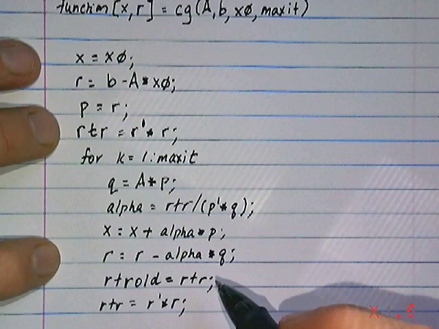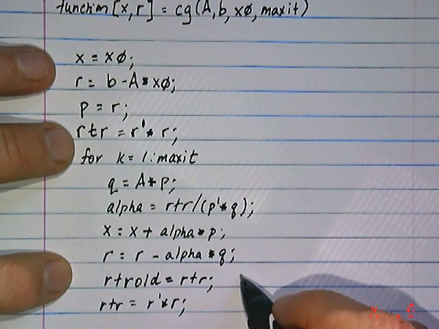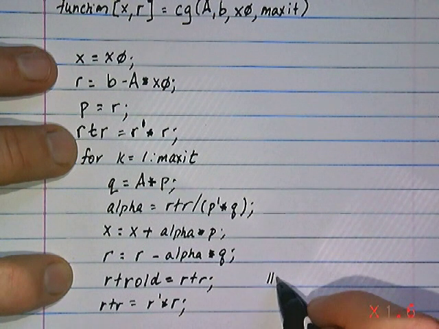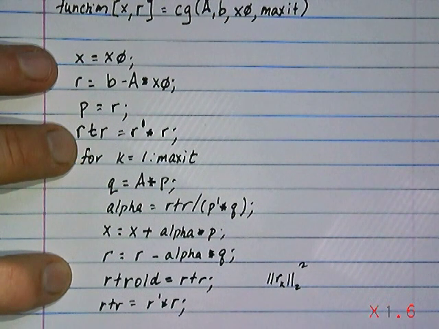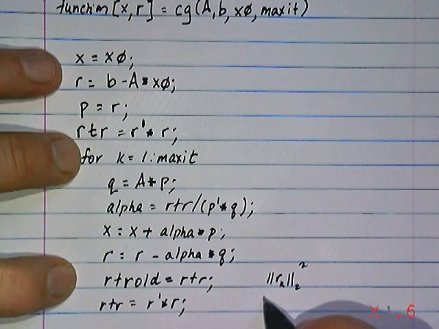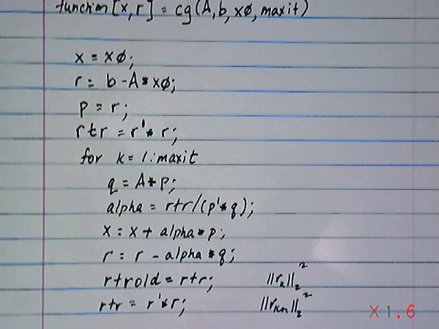So this will essentially get us, if you go back to the notes there on the previous page, that denominator term related to R_k squared, the 2 norm of R_k. And this value here with the updated R is basically getting you R_{k+1} 2 norm squared. Okay.